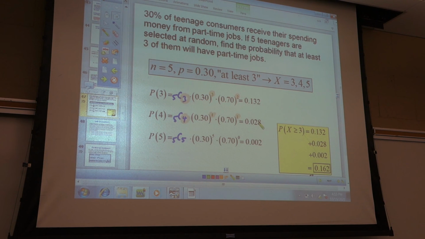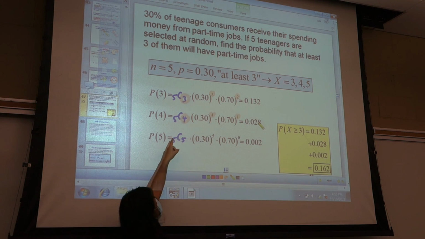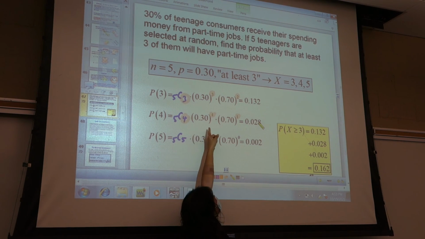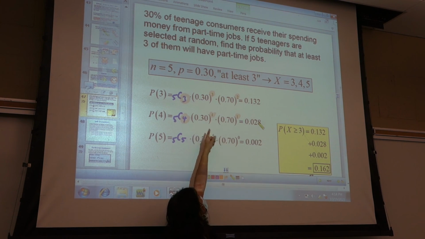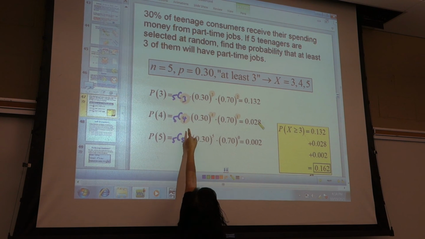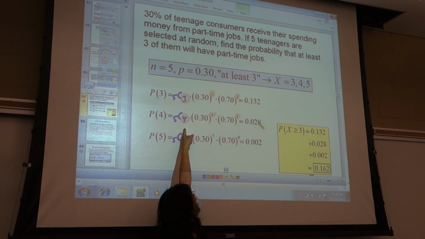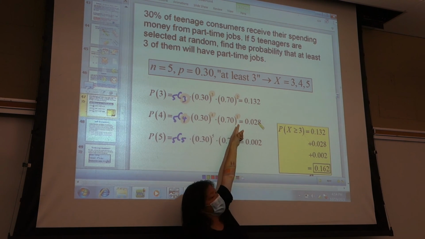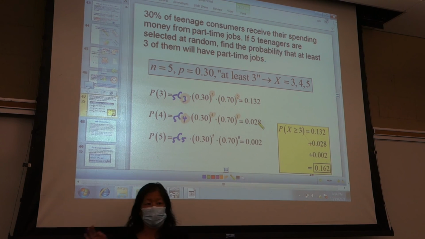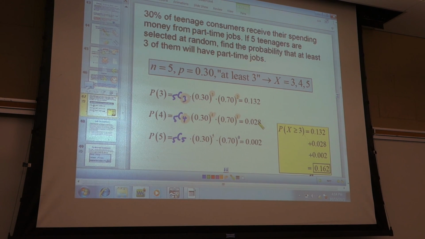Everything else stays the same: the n choose part, the little p and the little q. Those change as your x's change. So I'll find these 3 probabilities, and because they're ORed, I'll add them up.